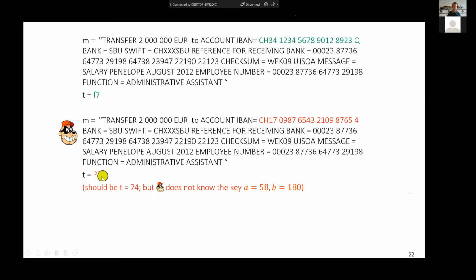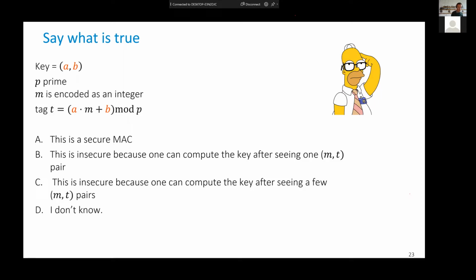So this is what he should compute here. However, the bad guy doesn't know the key A and B, so he will be unable to compute this. He will put a random value, and with probability 1 minus 1 over 257, this will be incorrect. That's an example of MAC.